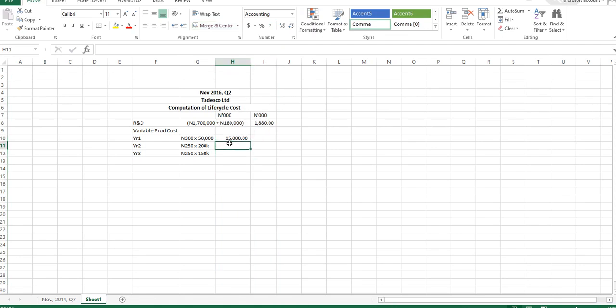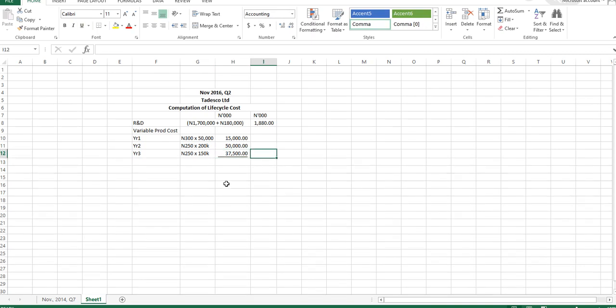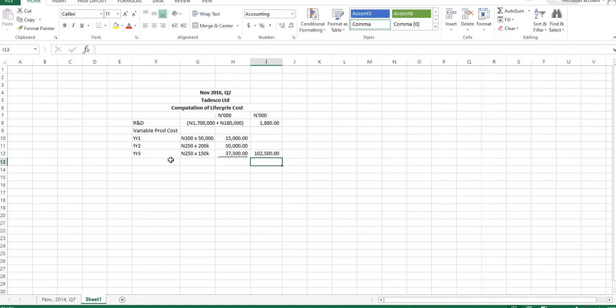What else? 250 times 200. 25 times 2 is 50, so that's 50 million, which is 50,000. Yes, 25 times 15 is 37 million 500, so I'm using 37,500. And that gives me a total of 102,500, right?